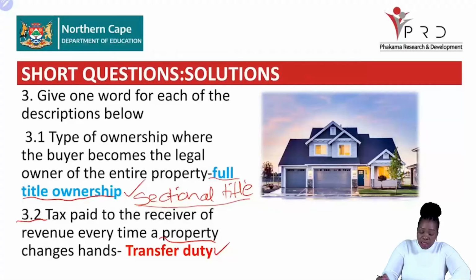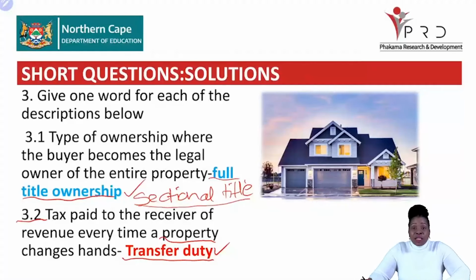Then you need to pay, or the person who actually receives pays what we call transfer duty, so that the property is transferred into the buyer's name. Right. Let's move on, learners.